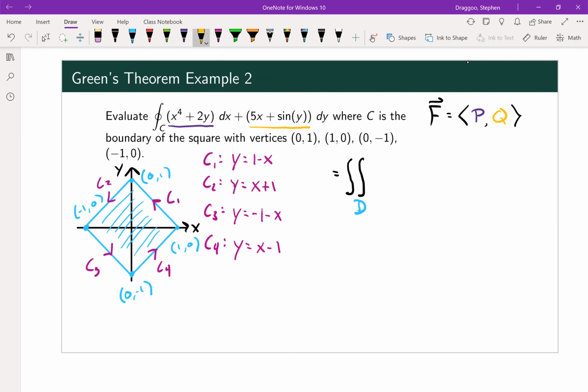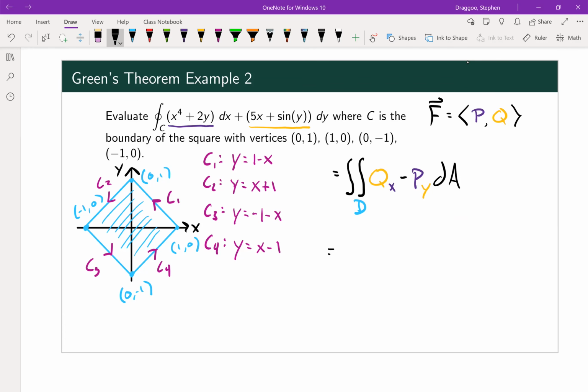And again, we want Q partial x minus P partial y, and then multiply that whole thing by dA.